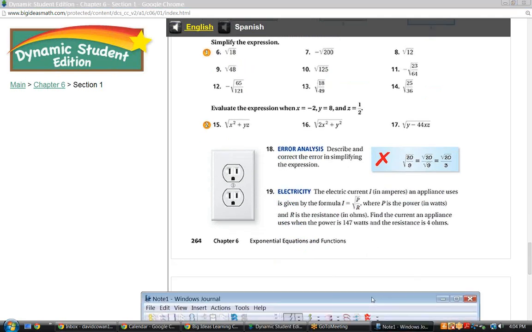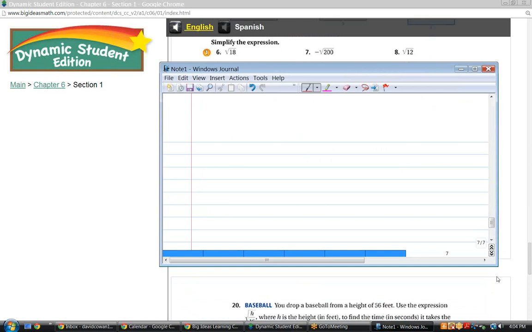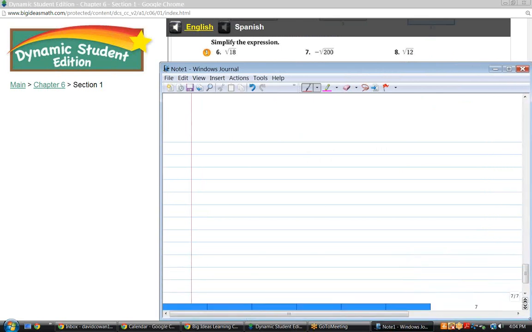All right, let's look at some of these expressions, simplifying these radical expressions. Square root of 18. The trick is to factor that number and try to find a factor of that number that is a perfect square number. What's the square root of 2?